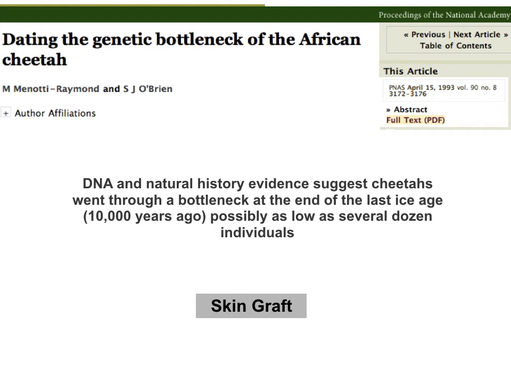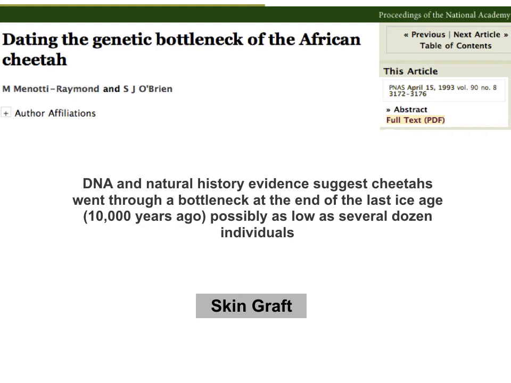In fact, we used to have cheetahs here in the Western Hemisphere, in the Americas, but they went extinct. Likewise, you had a dramatic decrease in cheetah populations in Africa, but they didn't go extinct. Instead, they just went through a bottleneck event.